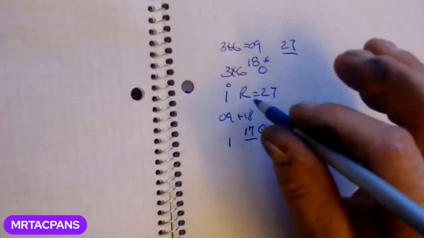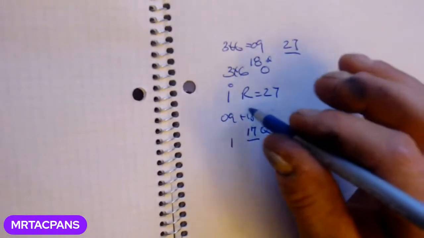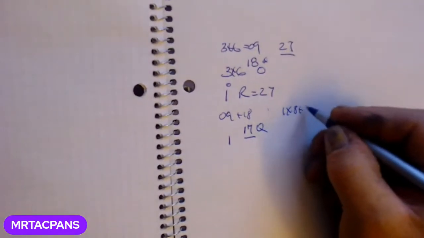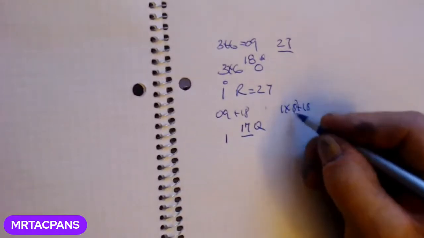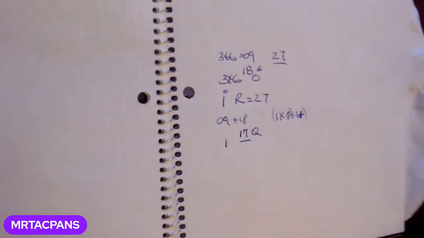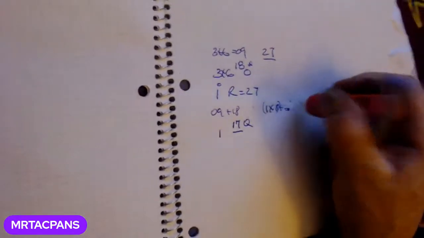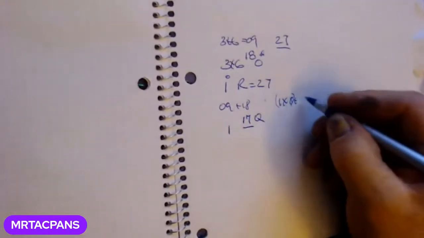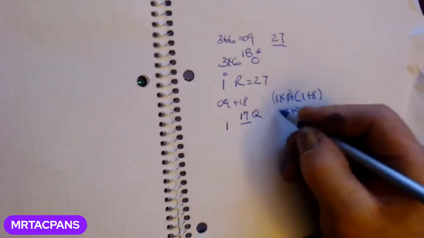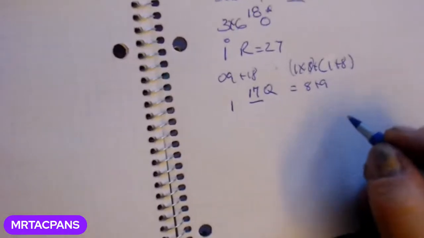The mathematics of this numeric value will reduce the value of this: 1 times 8, 1 plus 8 plus 1 equals 9, which is 17Q.